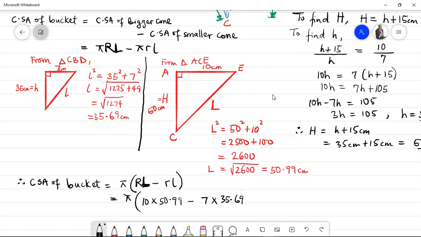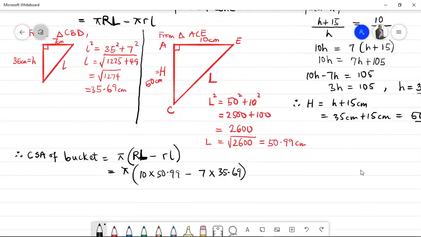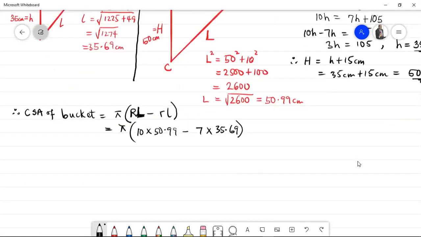So calculating all of this and also multiplying by the value of pi in front of the bracket, we're simply going to have 22/7 multiplied by the solution of what you have inside that bracket. 50.99 multiplied by 10 is going to give you 509.9.